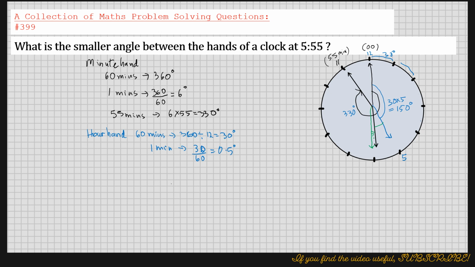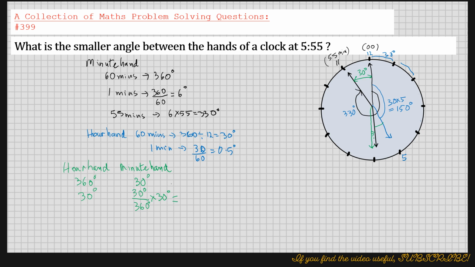So if the hour hand moves 30 degrees, the minute hand will have moved 30 out of 360 multiplied by 30.